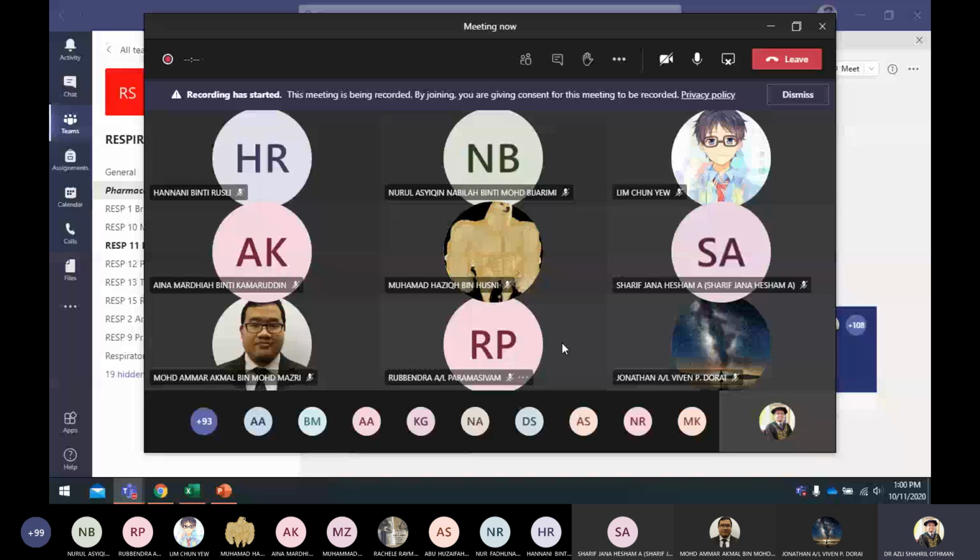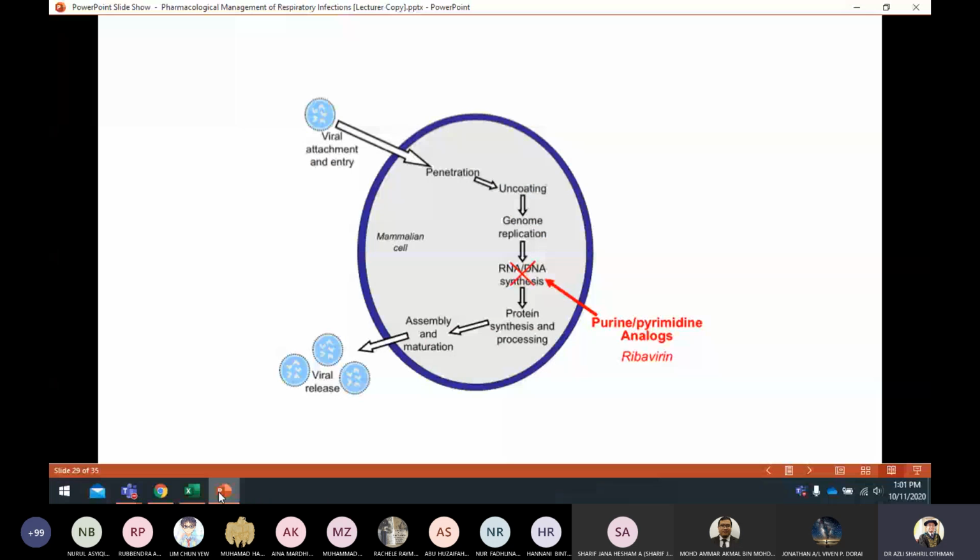So the next one is ribavirin. Anyone would like to try to summarize the mechanism of action of ribavirin into, let's say, 6 words? Anybody?